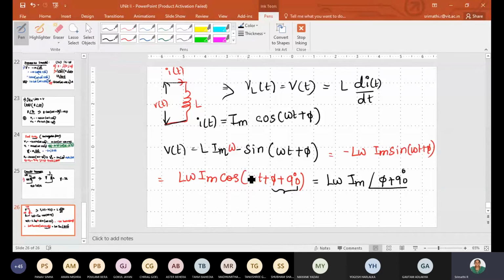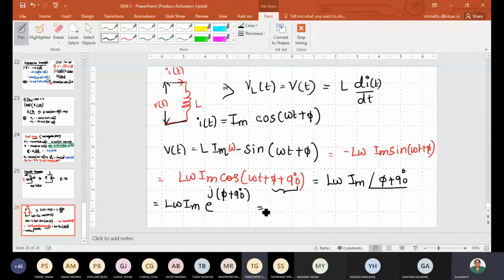And again, this can be in exponential form. How will you write this in exponential form? L omega Im e power j phi plus 90 degrees. I'll be writing e power j phi, e power j90. What is e power j90? Have we seen yesterday? It is j.